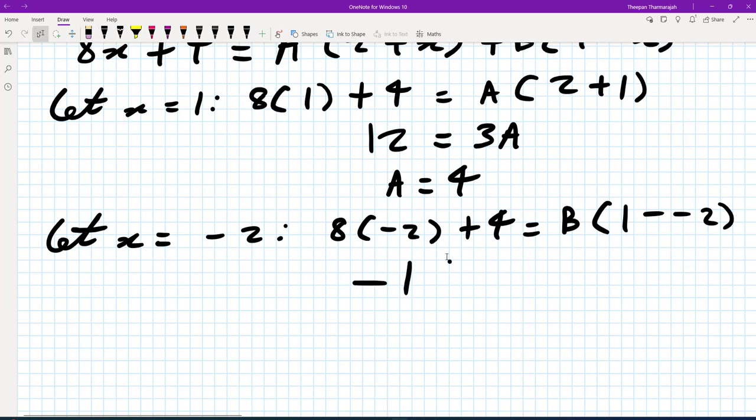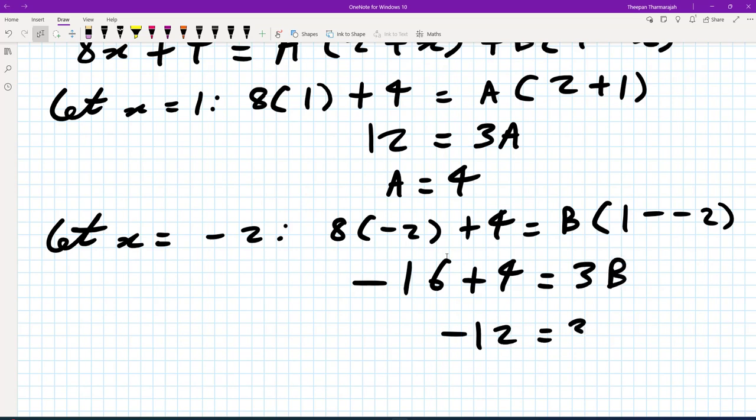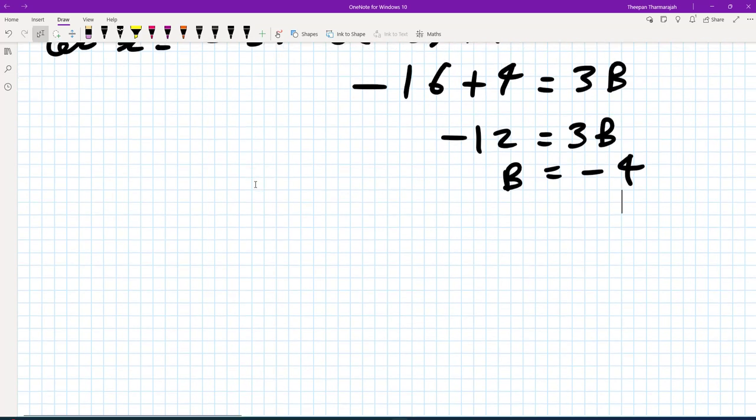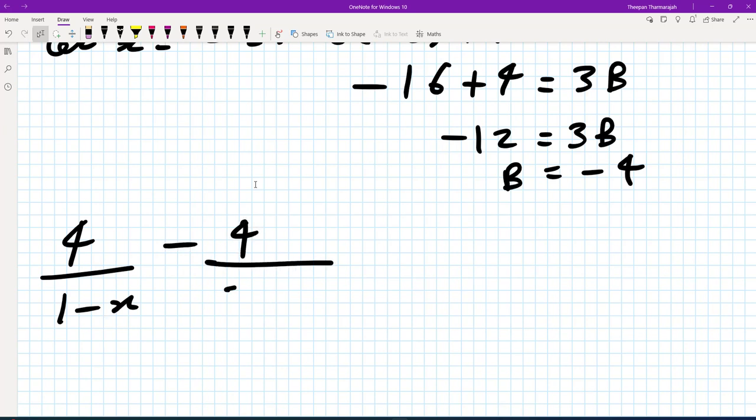We get minus 16 plus 4 equals 3b, minus 12 equals 3b, so b equals minus 4. So we could rewrite our partial fraction as follows. We could write it as 4 over 1 minus x minus 4 over 2 plus x.